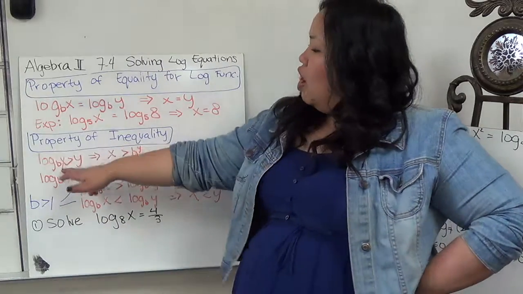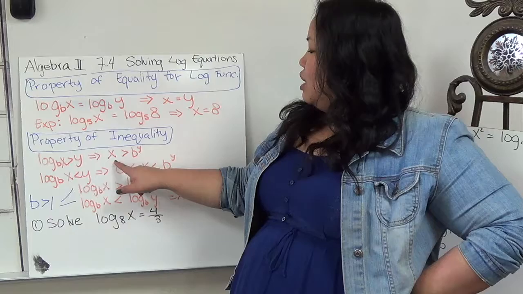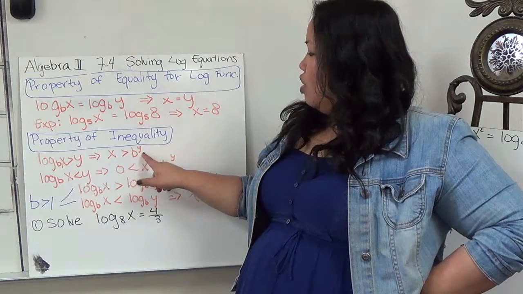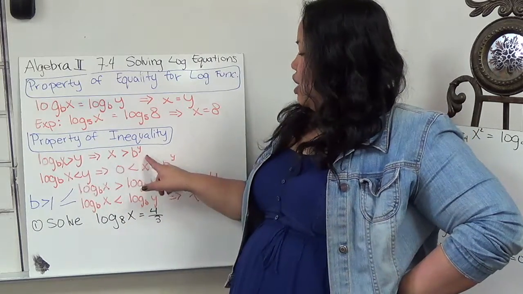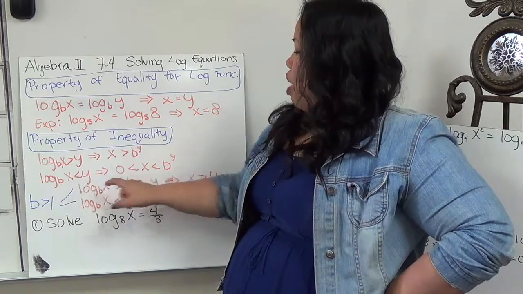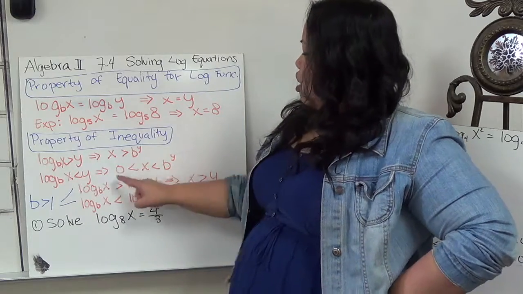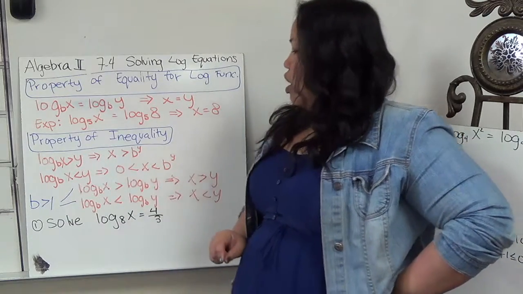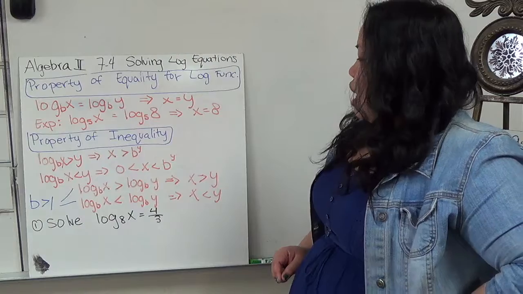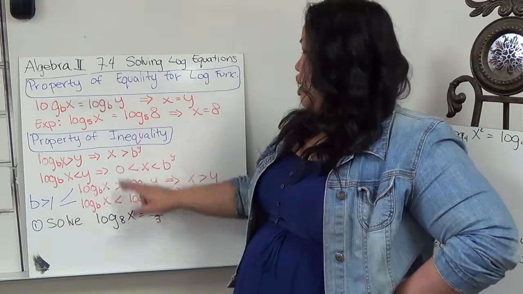Also, you have log base b of x is greater than y, and x is greater than b to the y. You can rewrite it like this, but if it's log base b of x is less than y, then when you rewrite it, you have to make sure that x is between these two values. b has to be greater than 1 in order for these to be true.